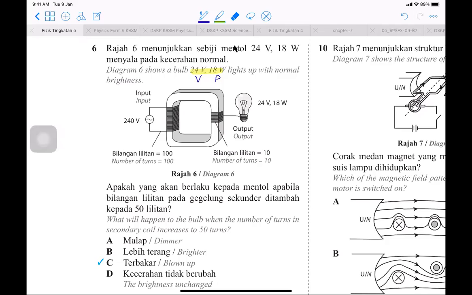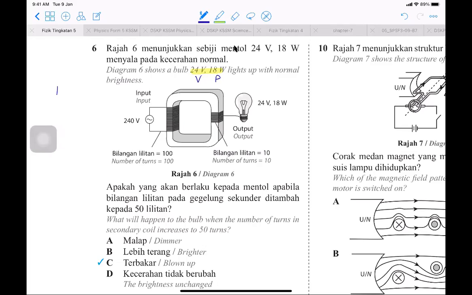Any idea on how to get the answer? You try and find dia punya output current dulu. Now, for the output current, you can calculate by using the formula apa?